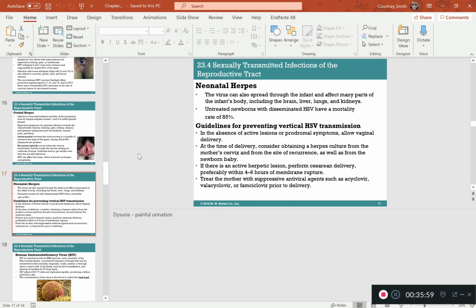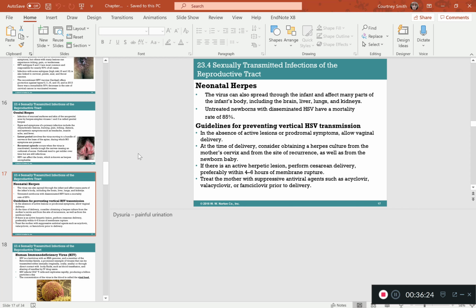A lot of times, neonate herpes will happen during vaginal delivery. With neonate herpes, it can be very detrimental to the baby because the baby isn't protected. It doesn't have a robust immune system, and it can also disseminate. And then if it goes untreated, a lot of times it has a high mortality rate.